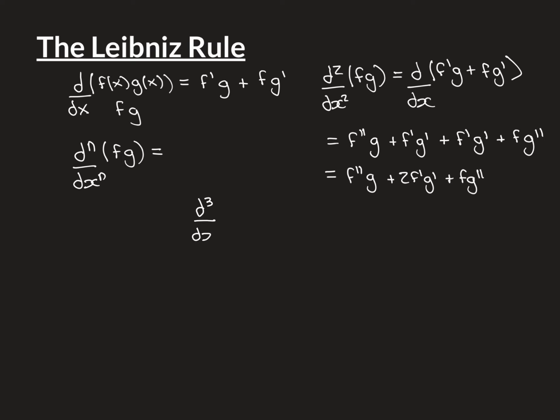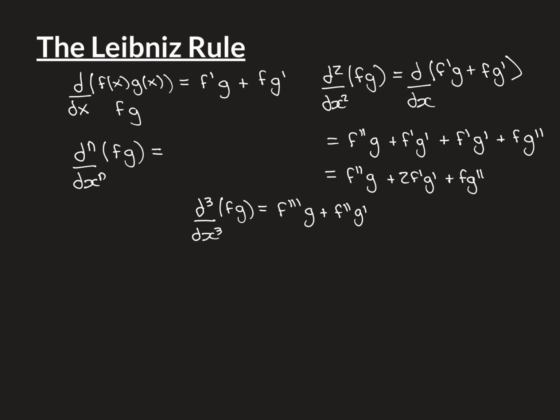So let's now do the third derivative of the product, the third derivative of f times g. It's going to be the derivative of this thing. I won't write that out. The way we're going to do it is by differentiating each of these and adding them together, and the way we're going to differentiate each of these is with the product rule. So the first one will be f triple prime g plus f double prime g prime.